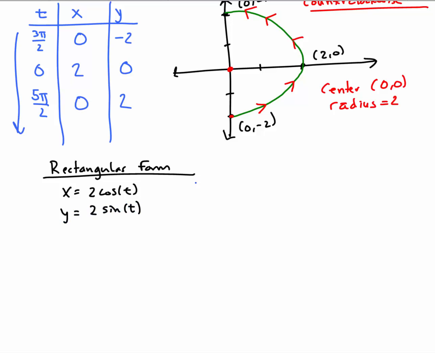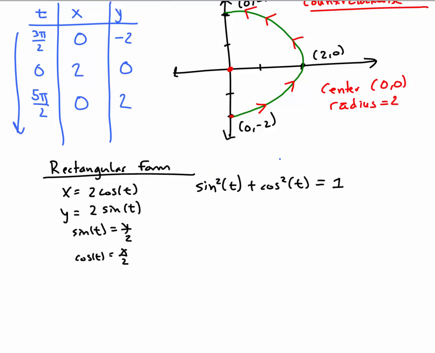So what I'm going to do here is I'm going to remember a trig identity, and that was that sine squared of t plus cosine squared of t equals 1. So if I solve this one for sine of t, I get y over 2. And if I solve my other one for cosine of t, I get x over 2.